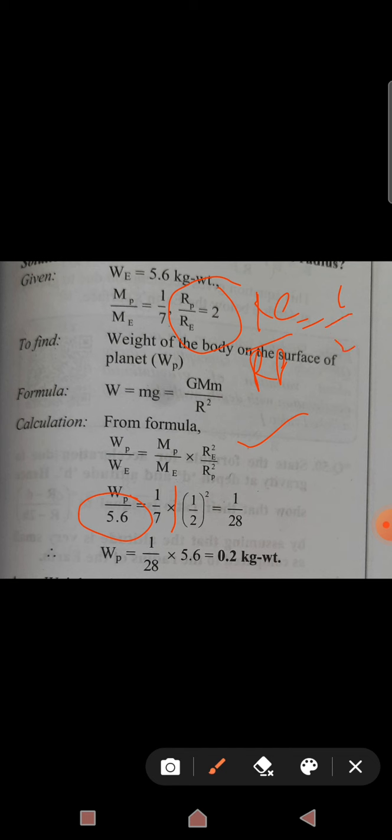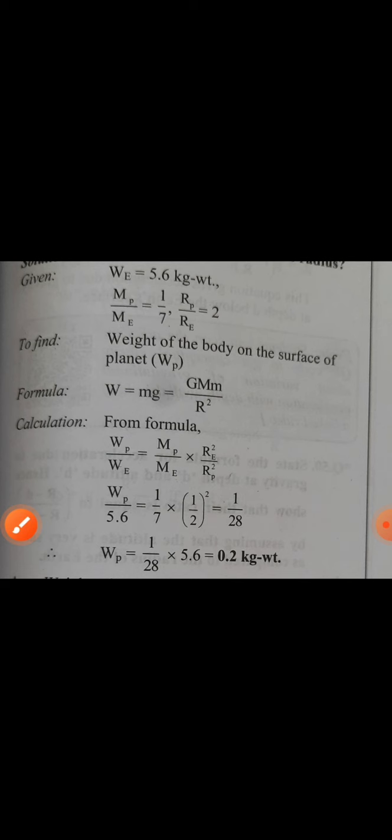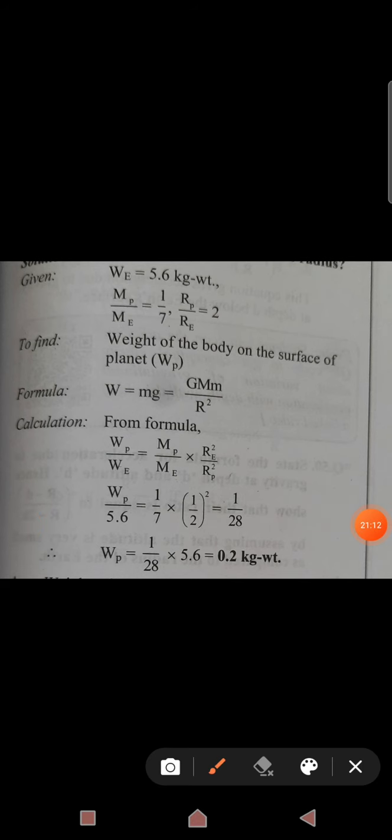So here they have given the answer directly. I am going to explain how that answer comes. Here Wp upon 5.6 is equal to 1 upon 7 multiplied by, if we take the square of 2, that becomes 4. So Wp is equal to 5.6 upon 28.